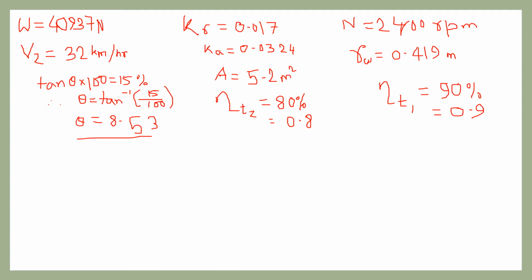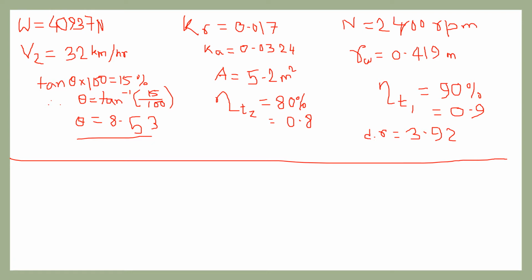The differential gear reduction equals 3.92. So these are the given data.